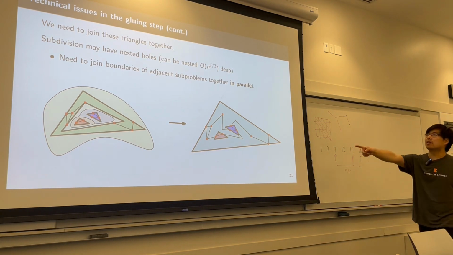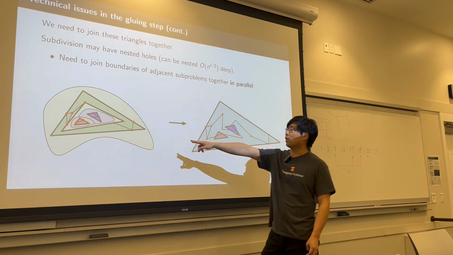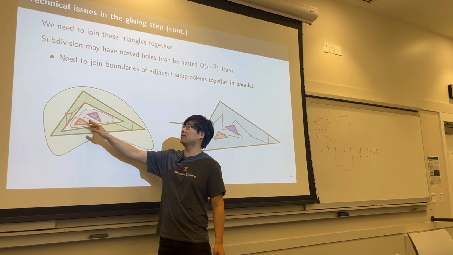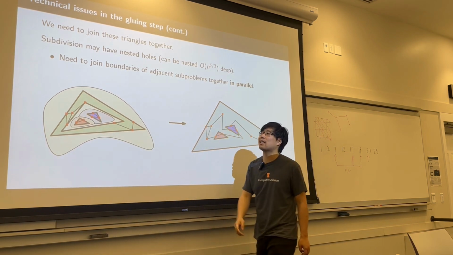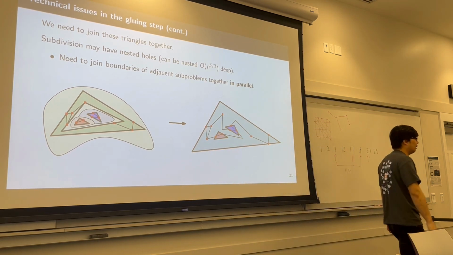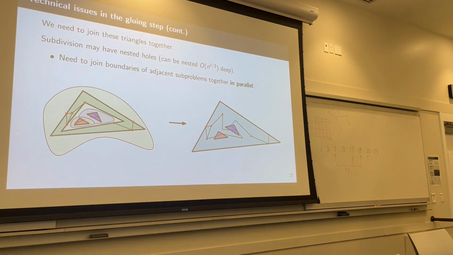For instance, even in this graph here, we need to join an outer triangular region with 2 regions inside that have some non-trivial boundary as well. So we have to join everything in parallel. That's not so easy, but we construct what's called a scaffold graph to help us do that.